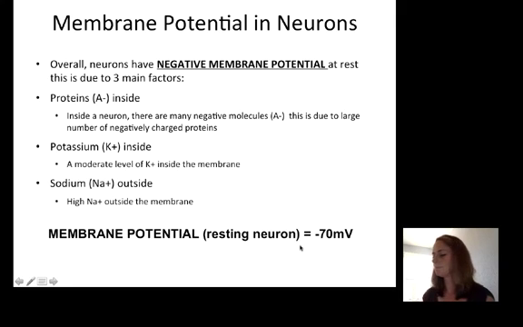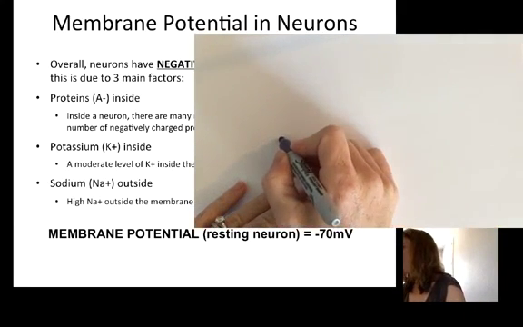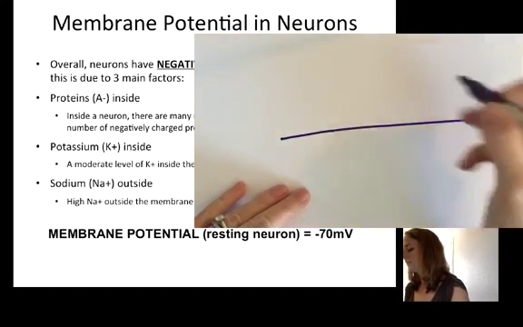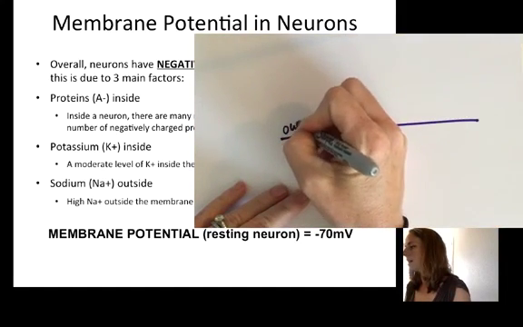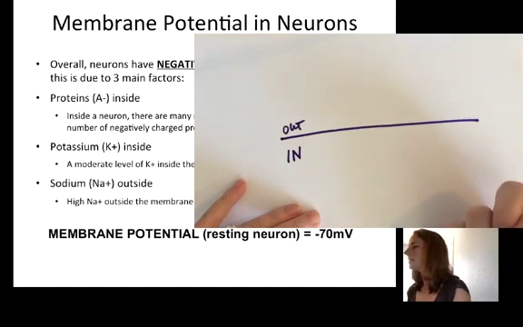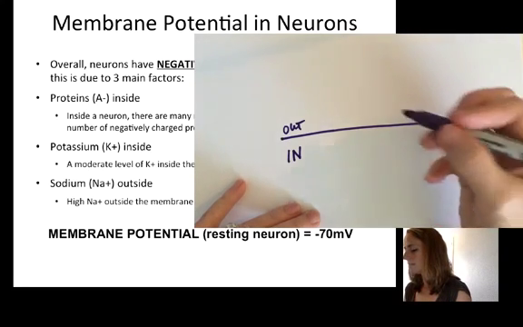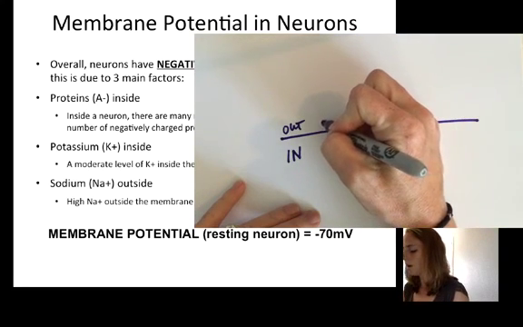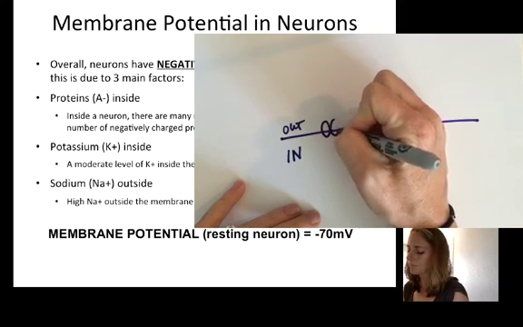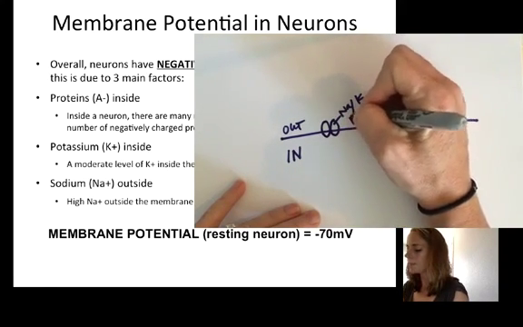Let's draw this out. Okay, so here is our membrane. We have the outside of the neuron compared to the inside of the neuron. At rest, in the membrane we're going to have something called sodium-potassium pumps.